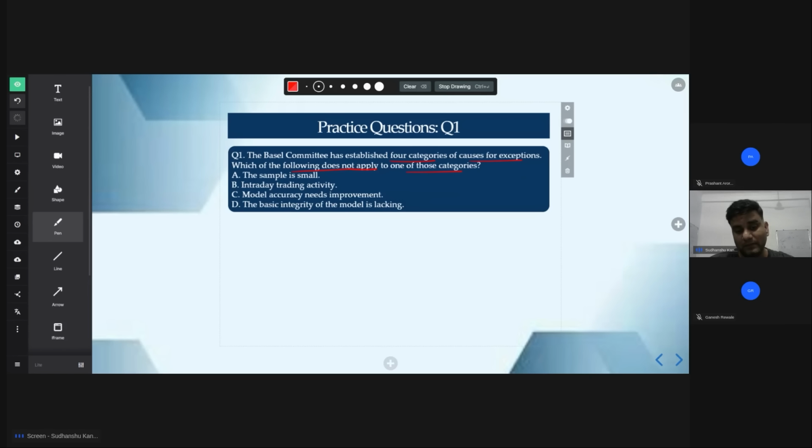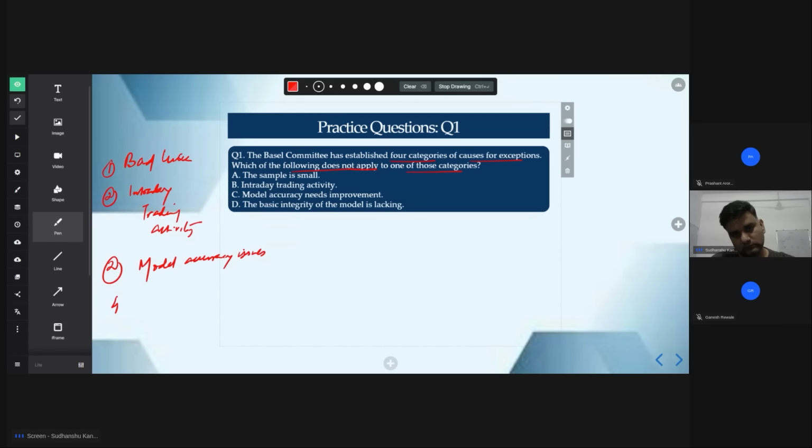According to the Basel Committee, exceptions, VaR breaches, can be caused by 4 main reasons. The first is bad luck. Your second is intraday trading activity. Third is model accuracy issues.